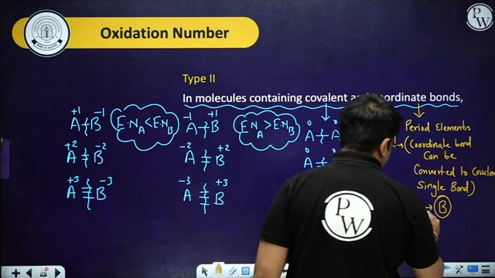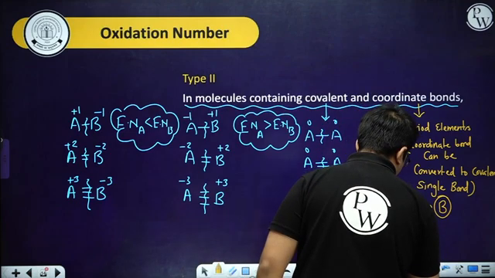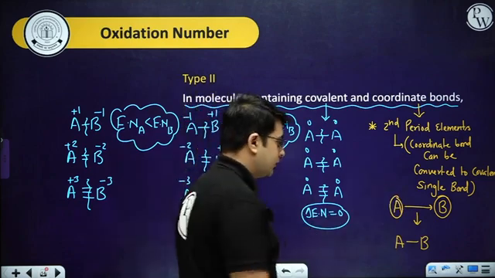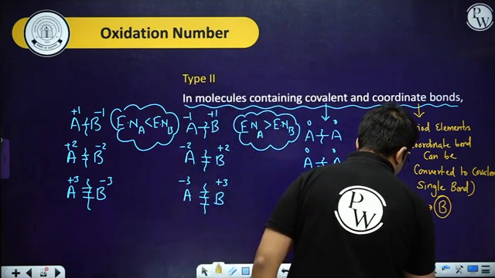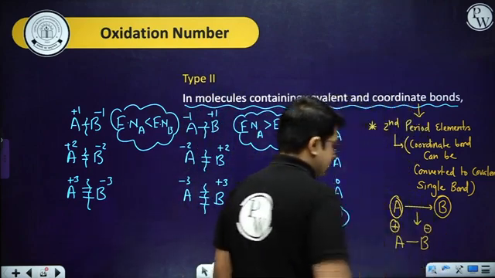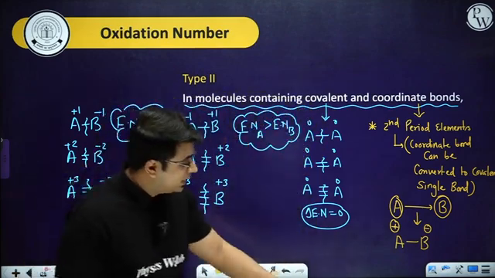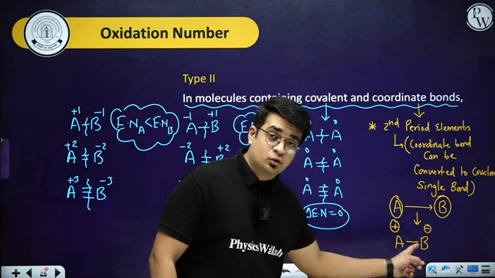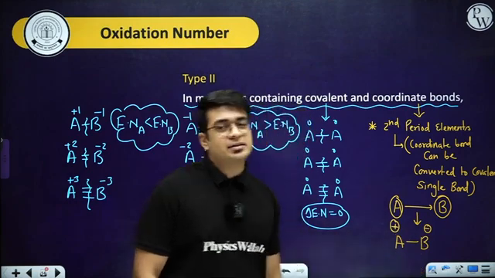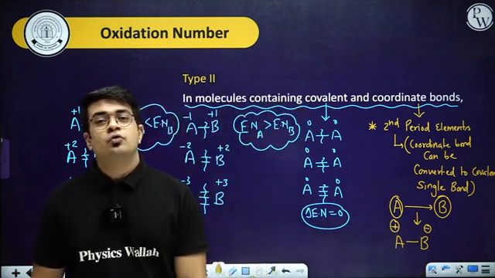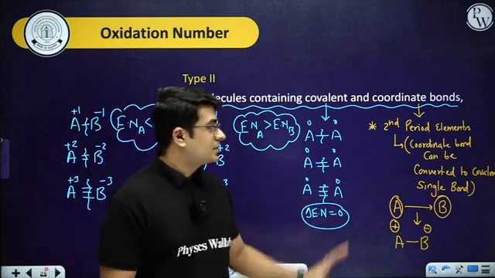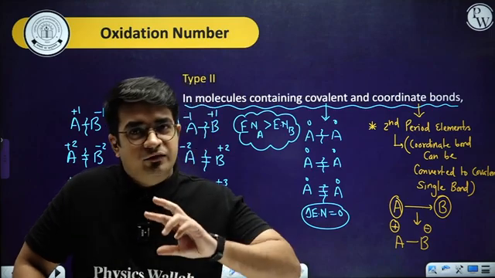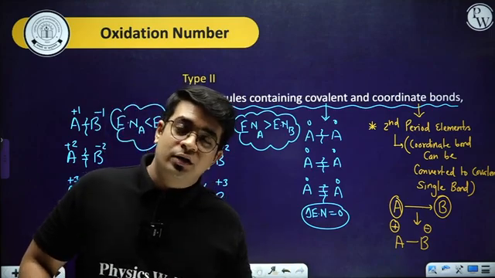Always remember, if I am converting this entire part into a covalent bond, which is A single bond B, the donor species always gets a positive charge and the acceptor will get a negative charge. And again, if A is more electronegative than B or A is less electronegative than B, then I can again assign the charges according to a single covalent bond. So this is the basic idea in case of second period, because up to the second period only I can convert a coordinate bond into a single covalent bond.